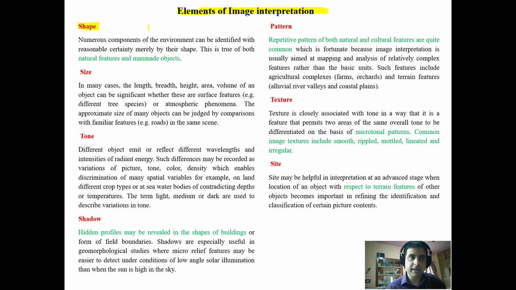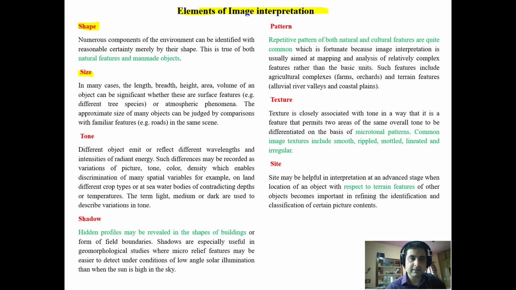So from the shape we can say whether the vegetation is a forest or an orchard, because the forest has a shape with natural boundaries and the orchards may have straight boundaries. So from the shape we can say what the feature is going to be.